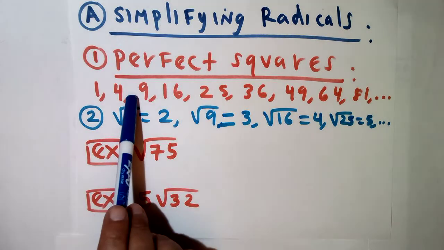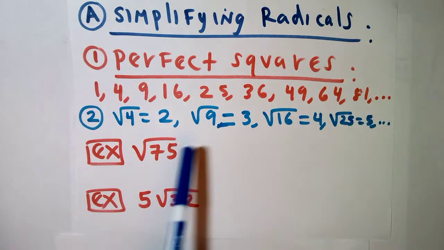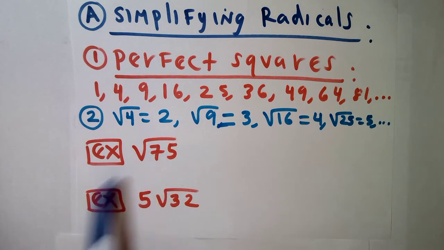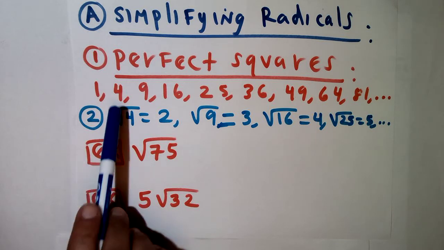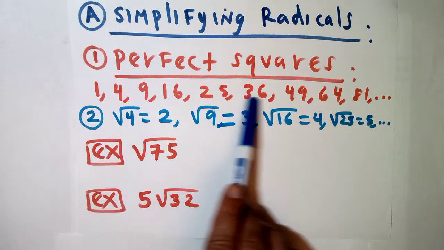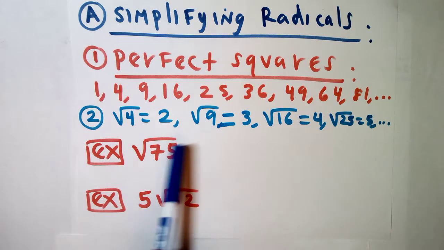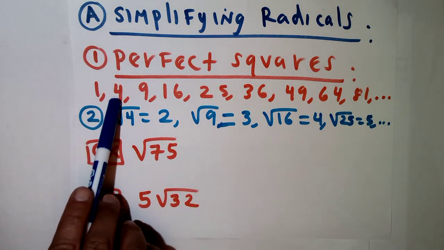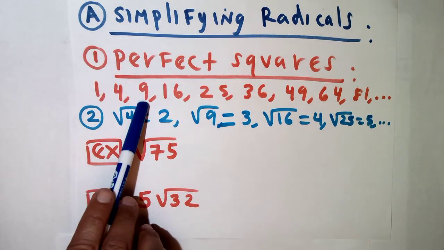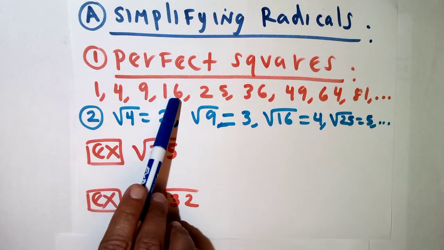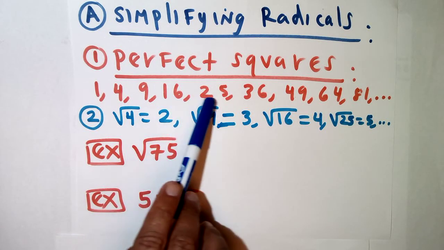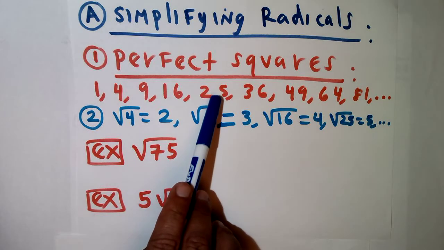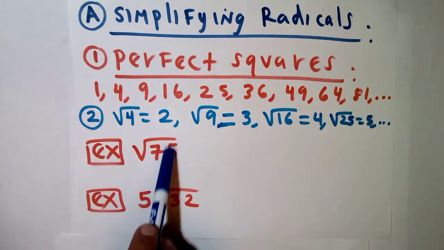Now, once you have that perfect square family, and you go to a number like 75, what you need to say to yourself is, which one of those numbers from the family is a factor of 75? Clearly, 4 is not, or 9, or 16. 25 is a factor of 75.